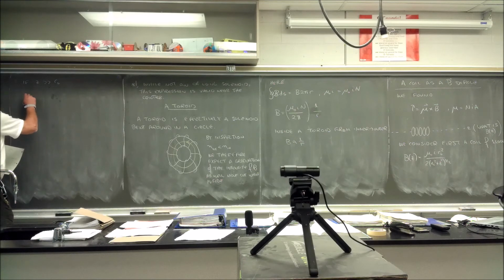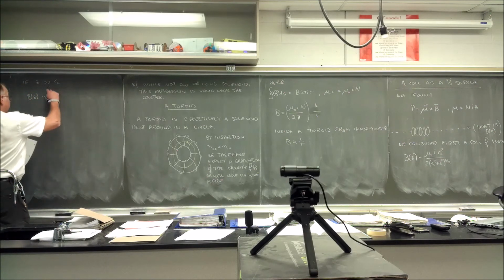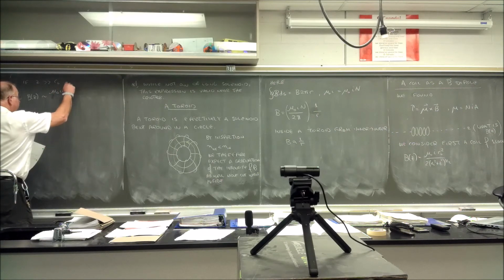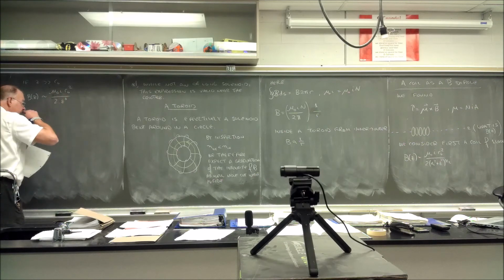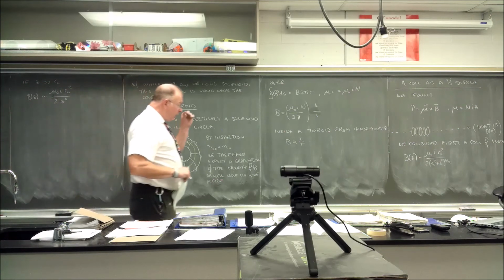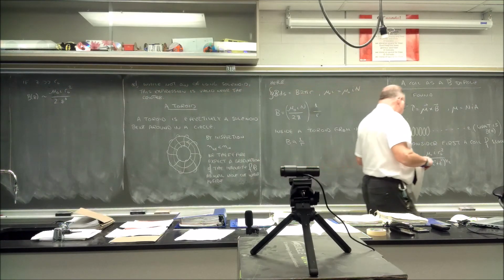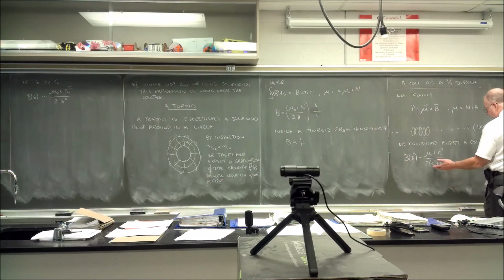Then B of z would be roughly mu naught I r naught squared over 2z cubed. Which is, you know, kind of a waste of time, and I'll say why in a minute. But let's suppose this basically approaches 0, then this just cancels down to z cubed here. This stays the same.